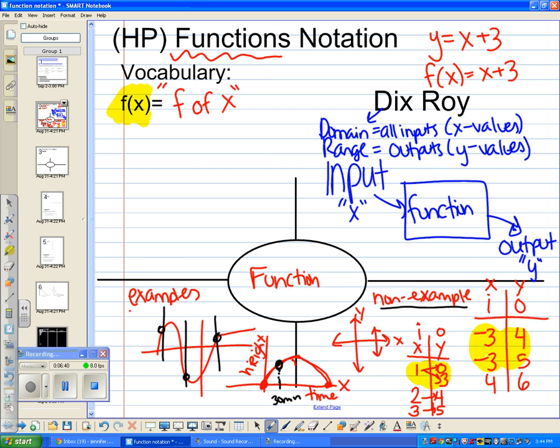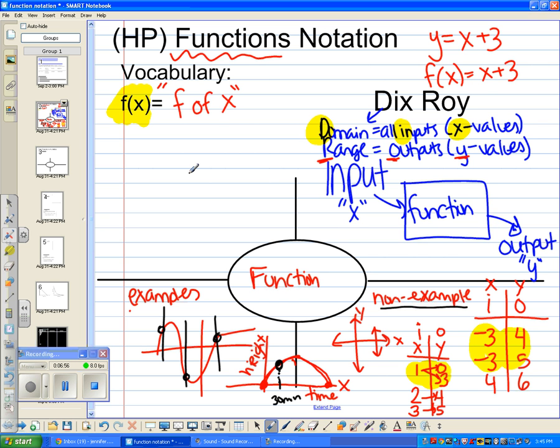And we're going to talk about this more this unit. It's just some vocab to throw at you. So how you can remember it: D for domain, I for input, and X for x values. And the ROY, you can remember R for range, O for outputs, and Y for y values.